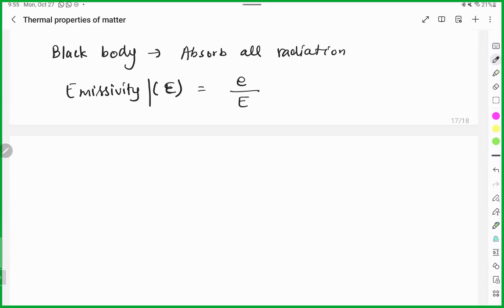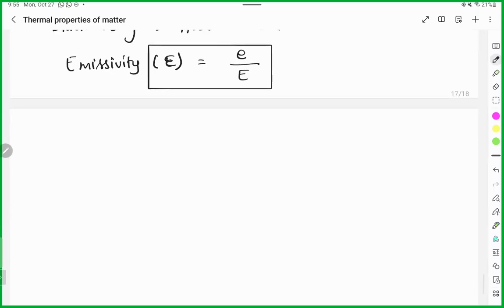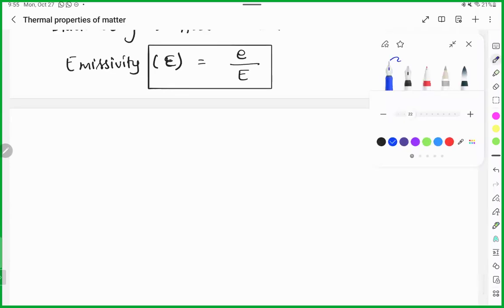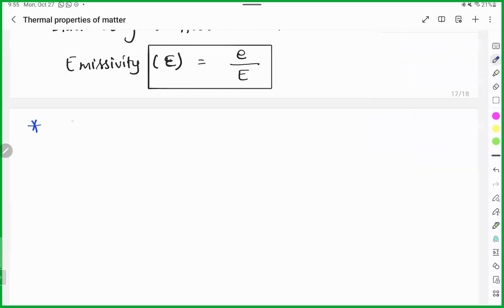Okay, so that is the emissivity, opposite to the absorption power of the body. Next is very important, so I'll take slightly more time because you asked me, sir, you are not able to understand it properly. Anvita, what is Stefan-Boltzmann law?